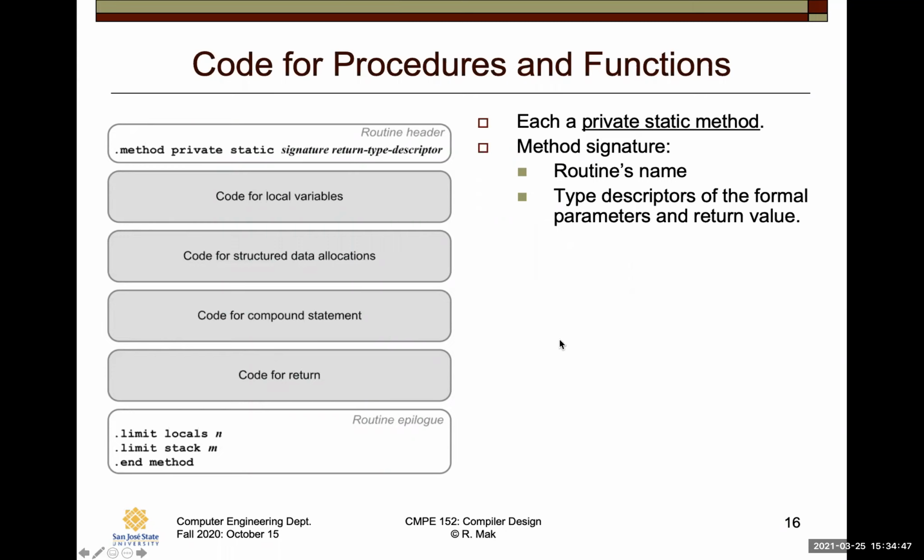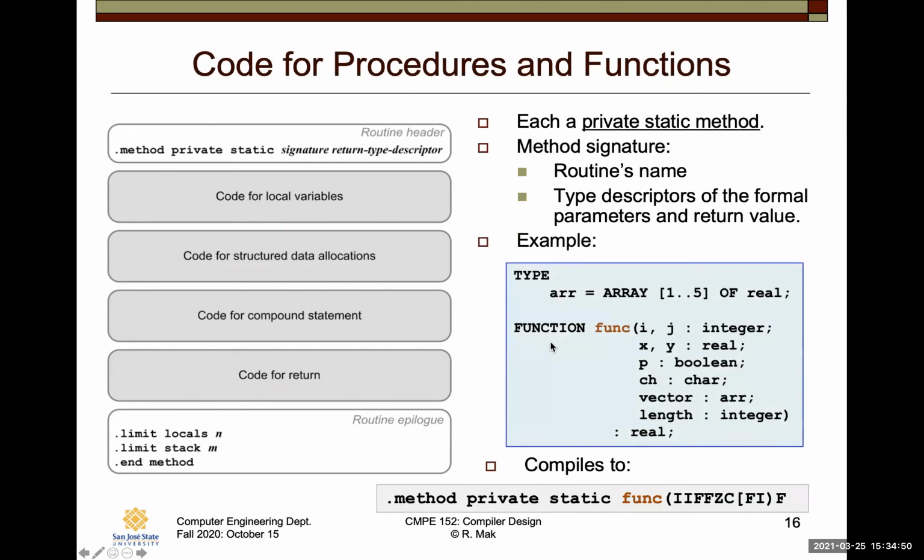So, boilerplate code. Here again, I show you this same example. This is the .private static up here. And well, this was a slightly different example. Here we have two integers, two floats, a Boolean, and that's a Z, capital Z, a character, that's the C here.